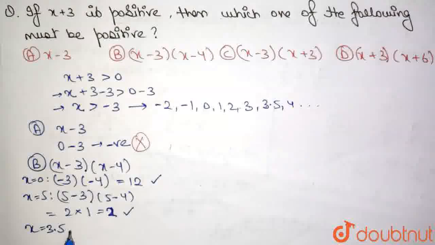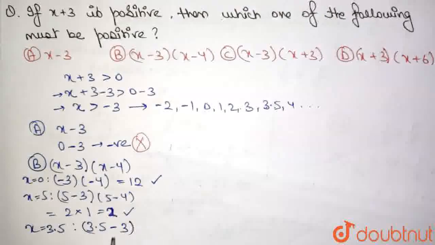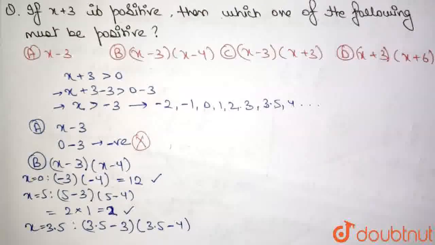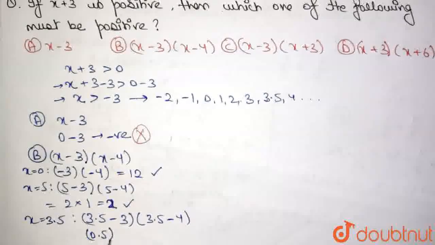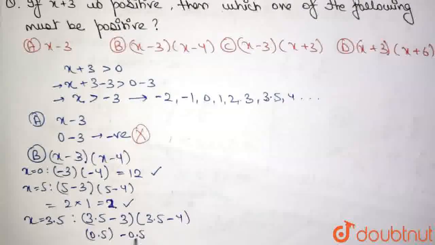So if x is 3.5, then this becomes 3.5 minus 3, because we had x minus 3 and x minus 4, so 3.5 minus 4. If we solve this, 3.5 minus 3 is 0.5 and 3.5 minus 4 is minus 0.5.